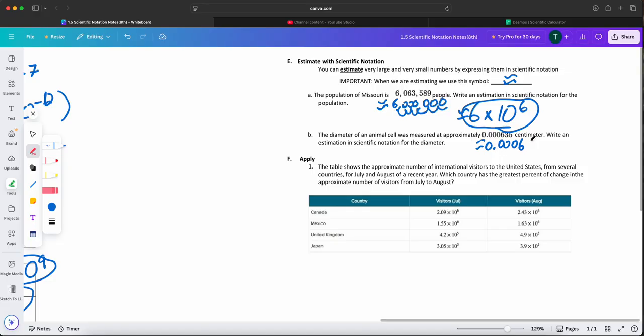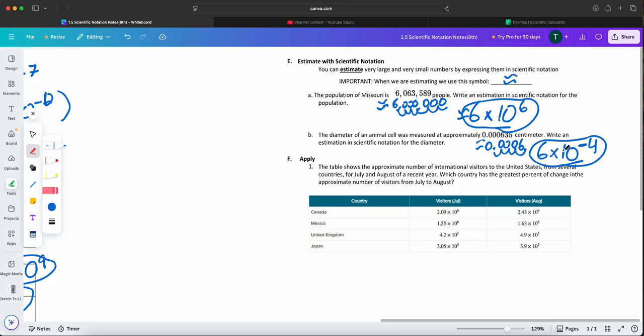If we go to write this in scientific notation, we move that decimal until the first number in front of the decimal is between 1 and 9. So we go 1, 2, 3, 4. So we're going to have 6 times 10. It was a small number, so negative exponent, and I moved it 4 times. Okay.